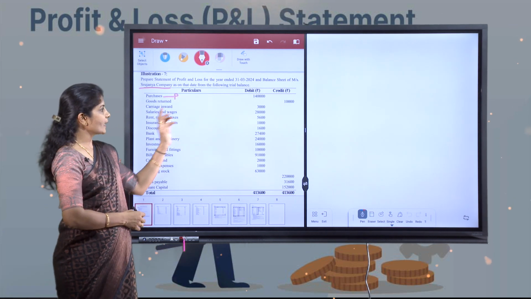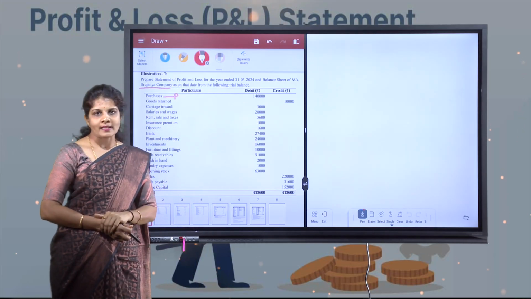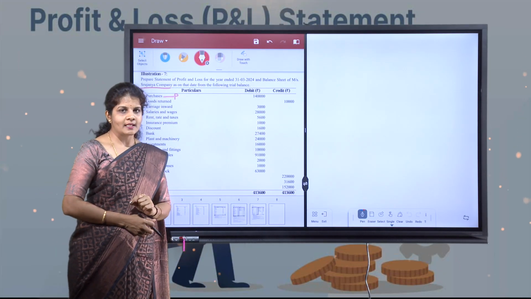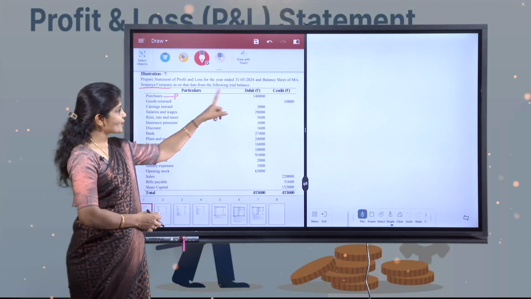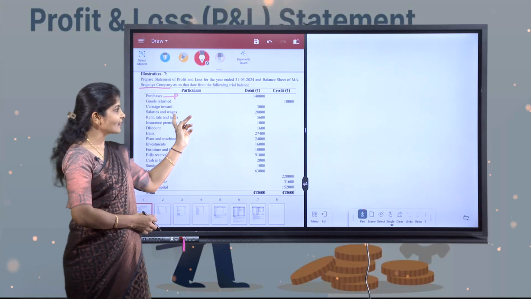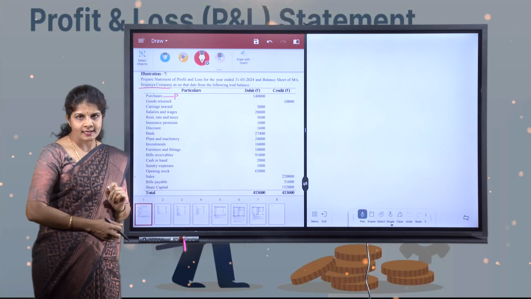Next, goods returned. Goods returned is there in the credit balance. Then which goods return is it, purchase return or sales return? When purchases is a debit balance and the return of that is a credit balance, it means it is a purchase return.